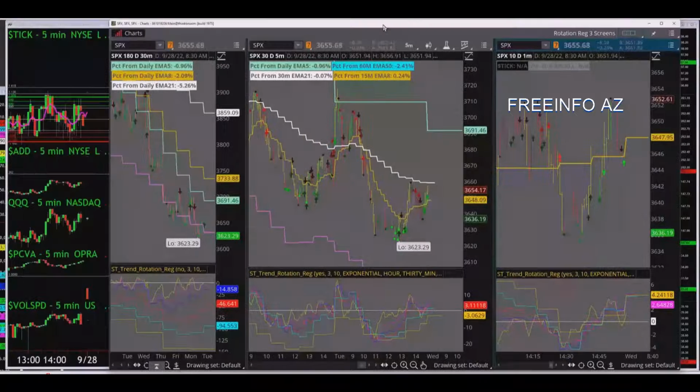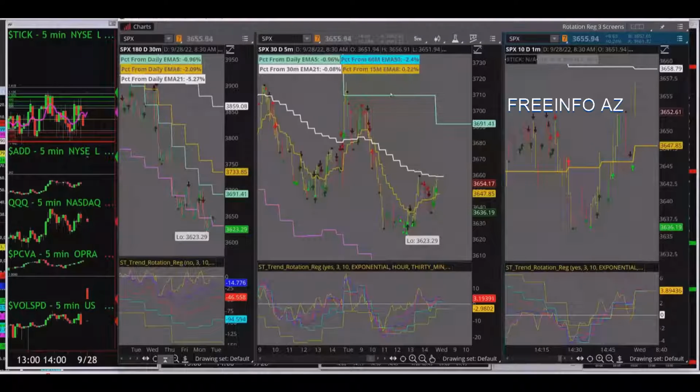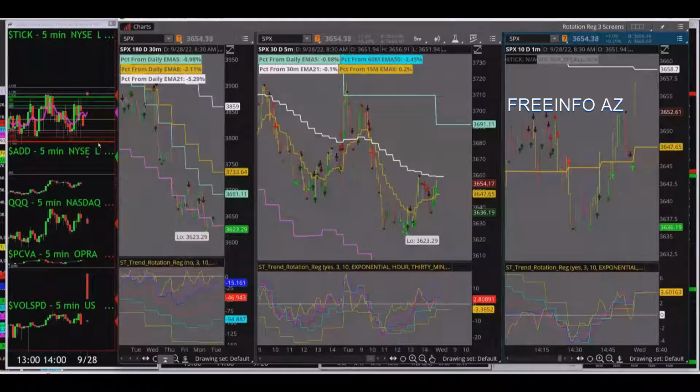Initially, let's keep an eye on the open here. S&Ps are up 8 points, not really a great move. Remember, one of the main things we talked about in class is that there are 2 main things to look at.